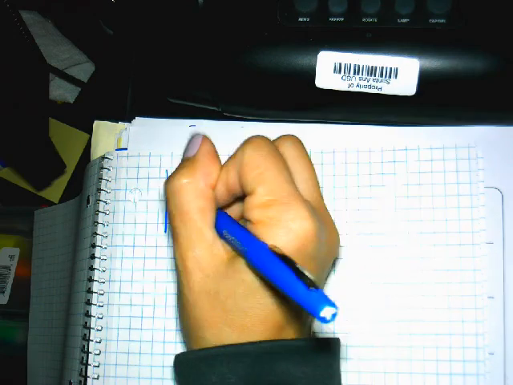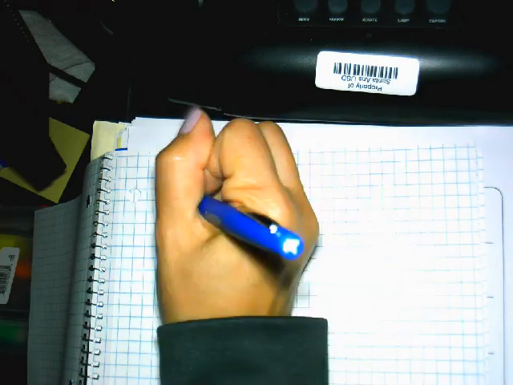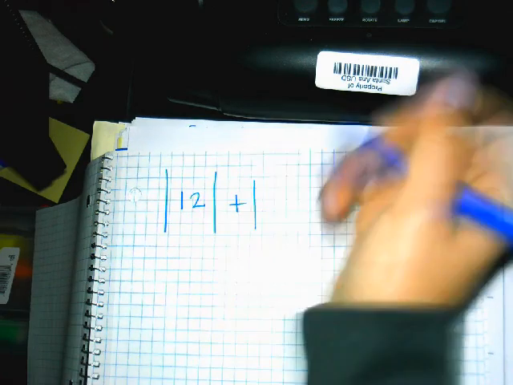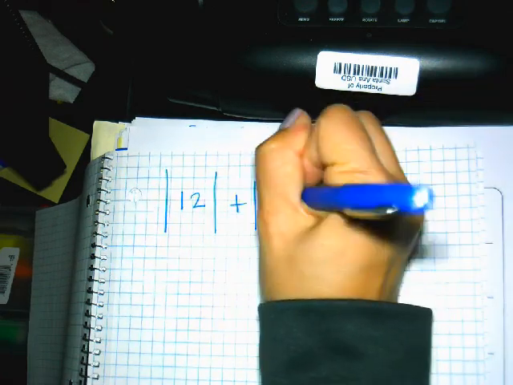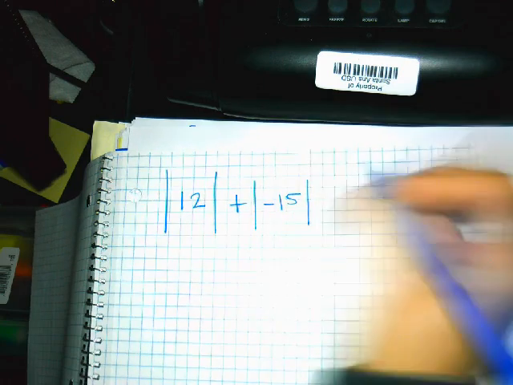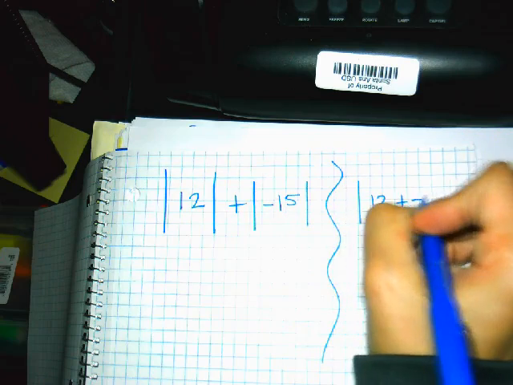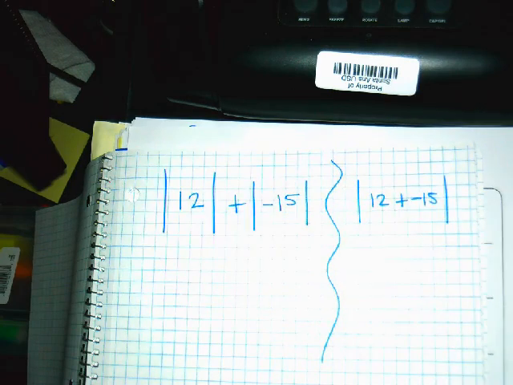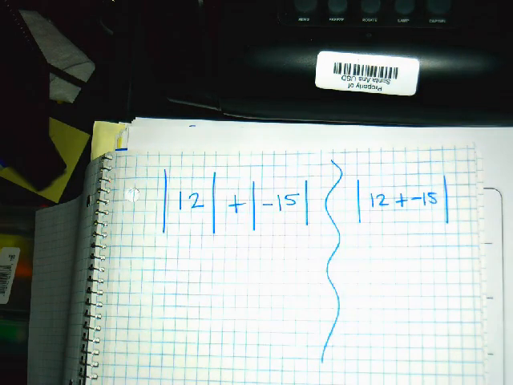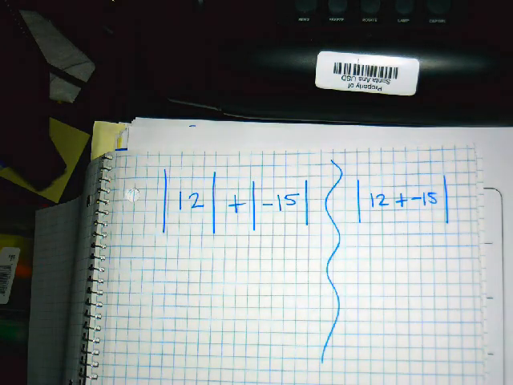Ooh, no, I already gave you a 6. Absolute value of 12 plus the absolute value of negative 15, or absolute value of 12 plus negative 15. Will I get the same answers? No. Find out. Oh, yeah, sorry to ruin it. True, Sam. We'll find out.